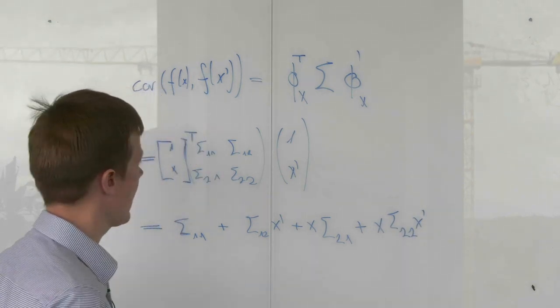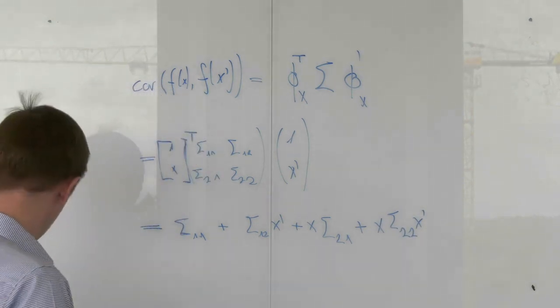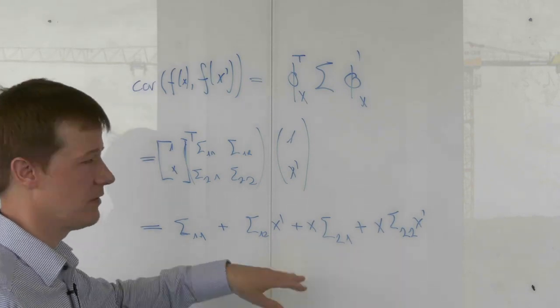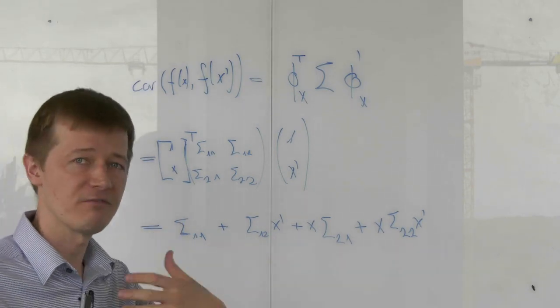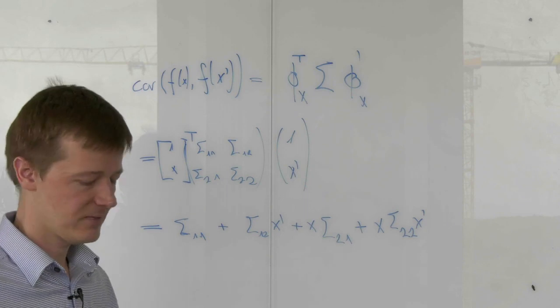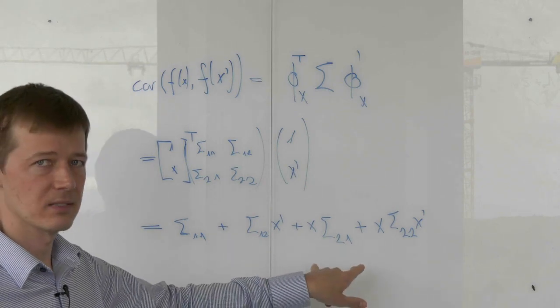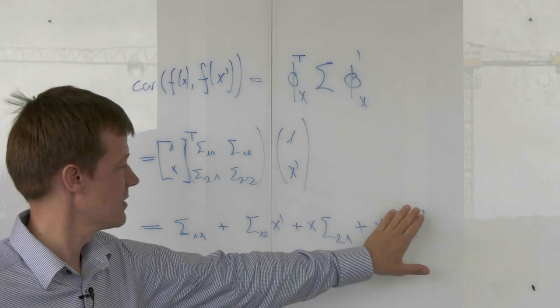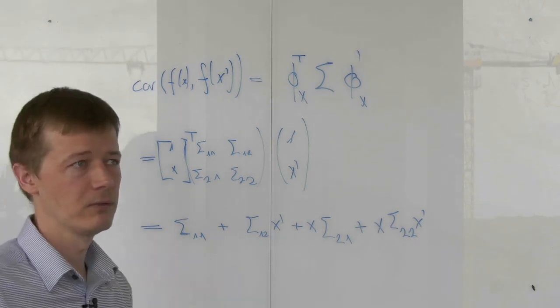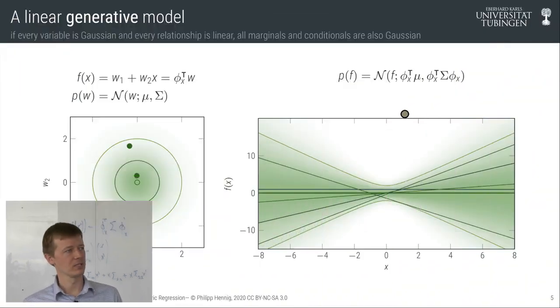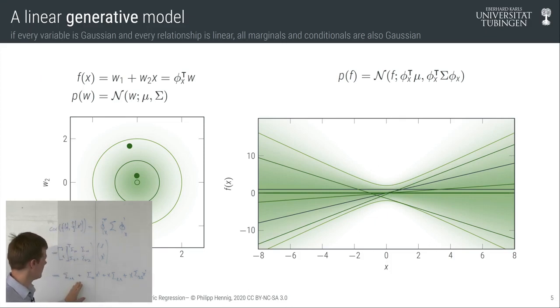So in particular, if x and x prime are both 0, then we get the variance of the function value at location 0. Then all of this is 0, and we just get sigma 1,1, which happens to be 1. So that's this value here. If we are at 6, then we get 1 plus 6 plus 6 plus 36.